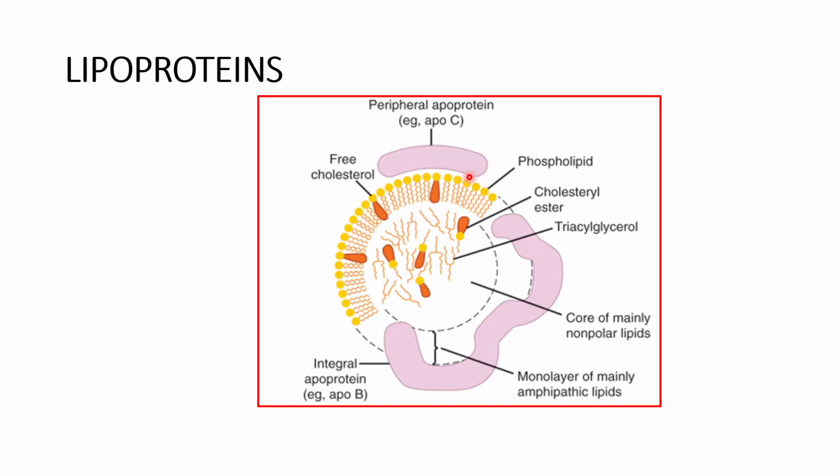You can see the amphipathic lipids are the cholesterol as well as the phospholipids. They orient in such a way that the polar groups face outward to the aqueous medium always.